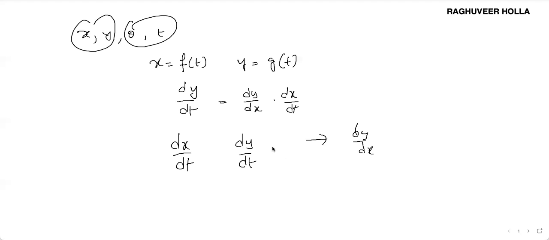Okay, so let us start. So here we have x as at square and y as at power 4.